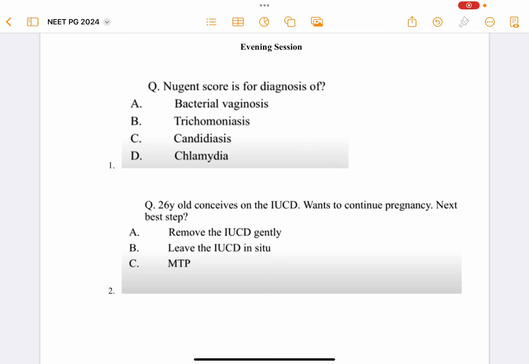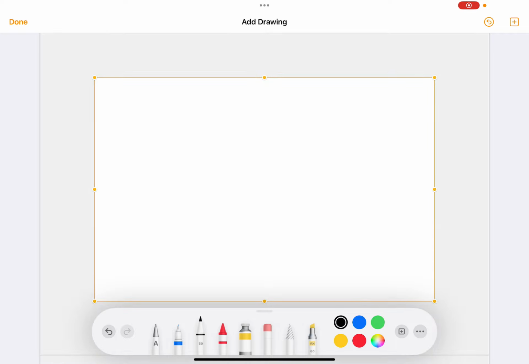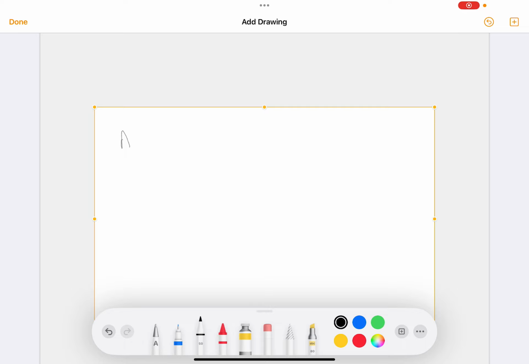So second session, the first question was: Nugent score is used for the diagnosis of? Nugent scoring, you all know, is used for bacterial vaginosis. There are two criteria. Amsel's criteria is used for bacterial vaginosis, BV, and it is a clinical criteria which we do in OPD.